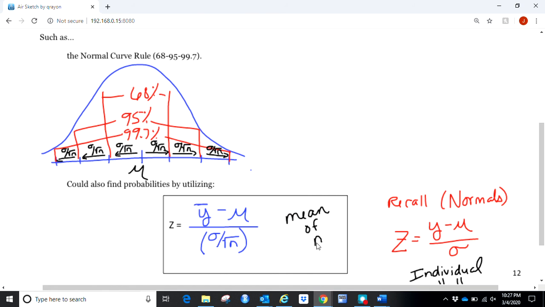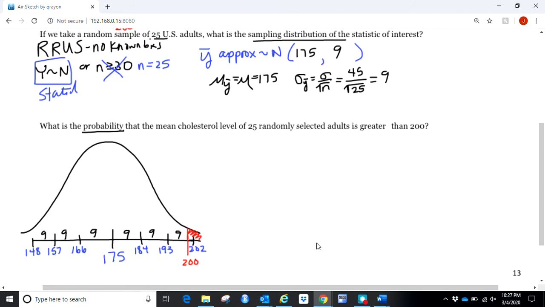Now, applying that to our problem, how does that look? Again, I'm just going to first write the formula. You do not have to write the formula each time for me. So this is our formula now. This time the mean that shows up in the problem is 200. The overall mean for all U.S. adults is 175.